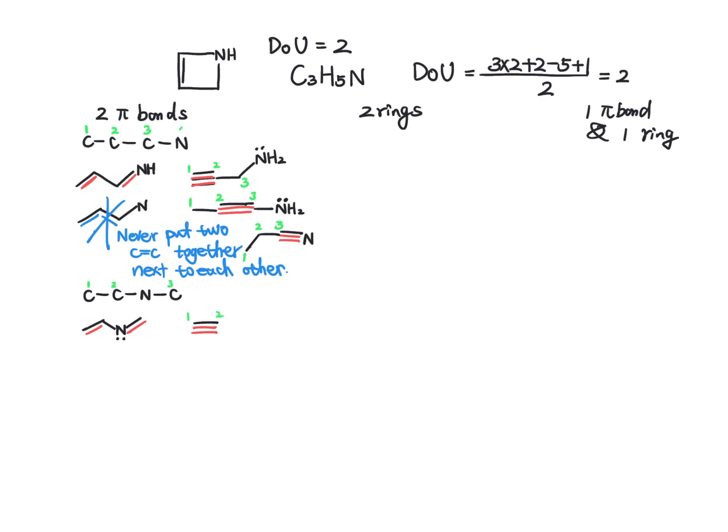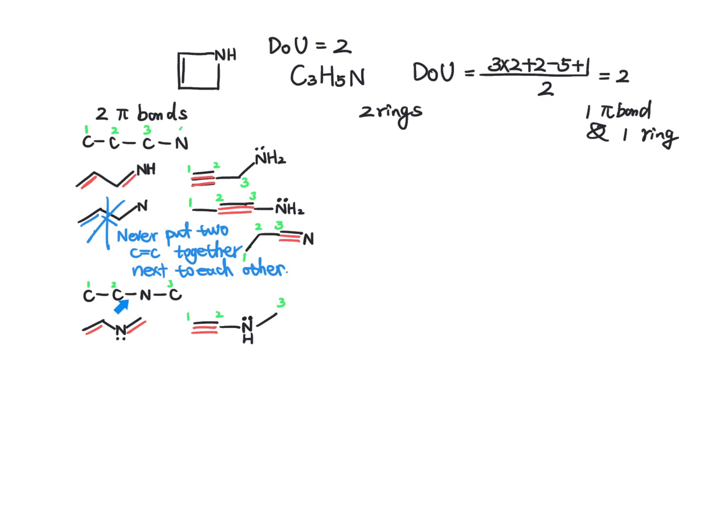And then the nitrogen next door, and then we have this carbon 3. For this nitrogen, it has to have a hydrogen on it. Next you may say, let's see if we can move these 2 pi bonds between carbon 2 and the nitrogen. Looking at the backbone right here, this nitrogen already has 2 bonds.